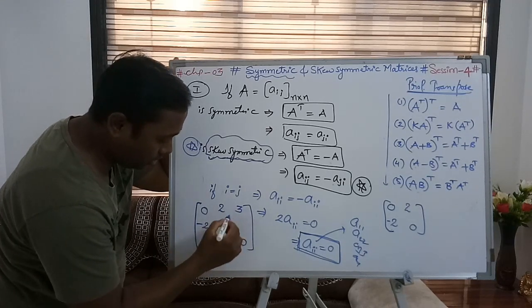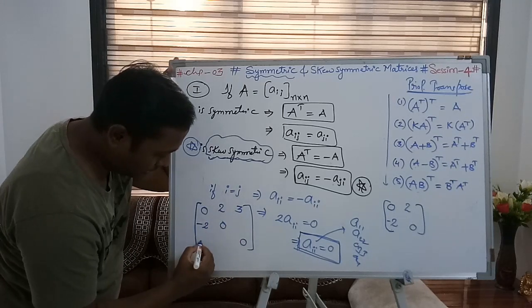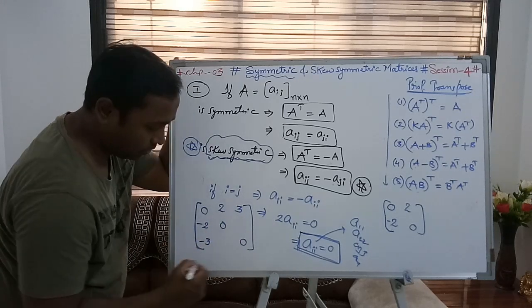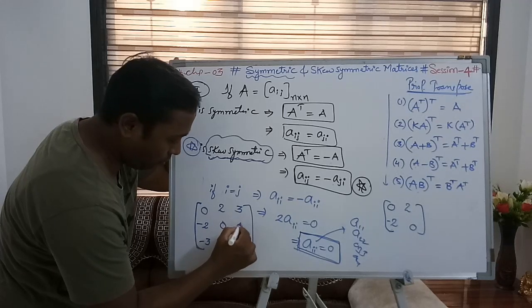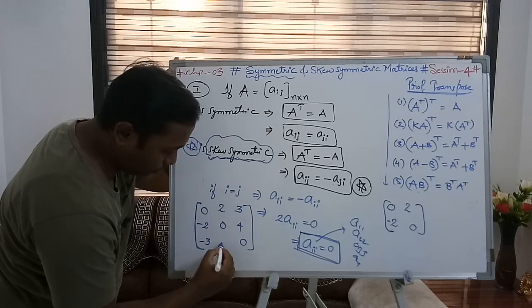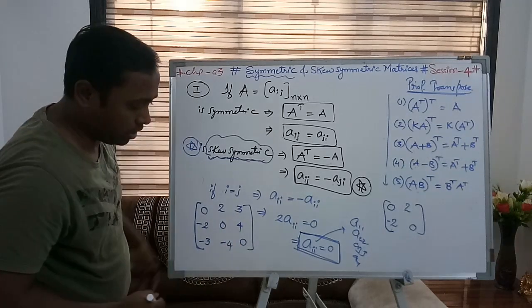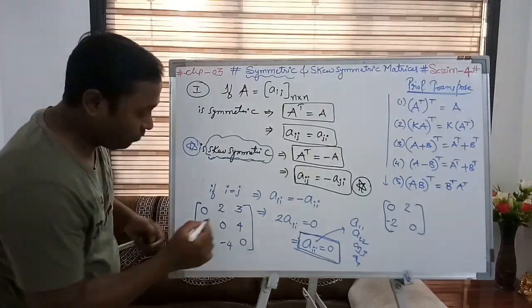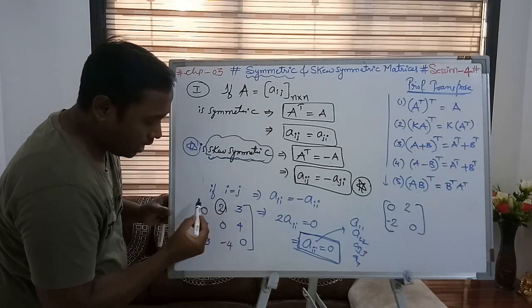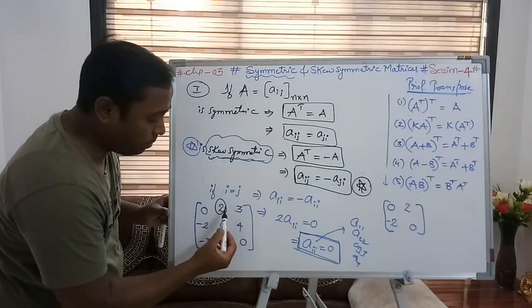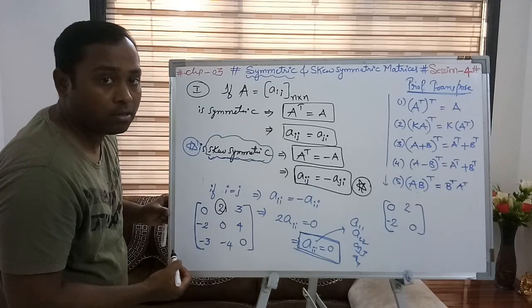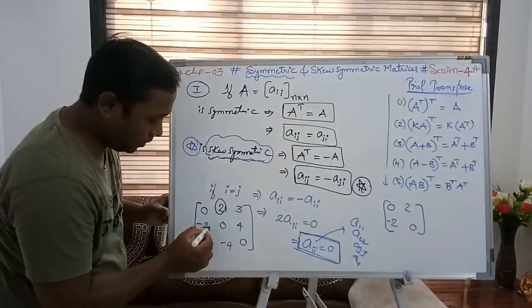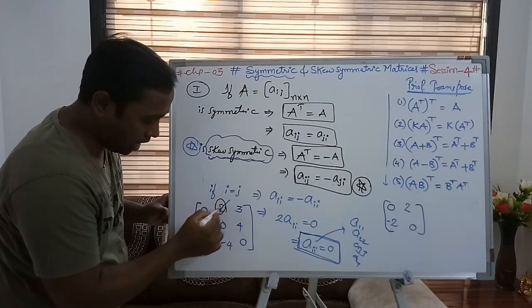If I keep 3 here, so the diagonally opposite element will be minus 3. If I keep here 4, so diagonally opposite it is minus 4. You can see, when I say diagonally opposite elements, this is the A12 element, so A21 is its opposite element.